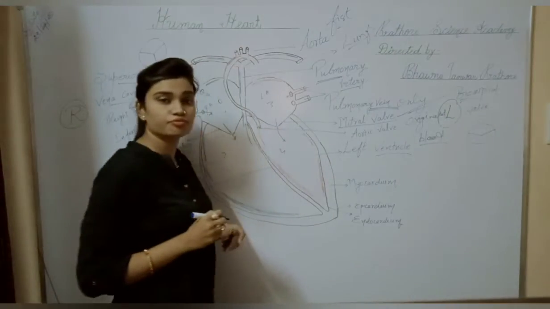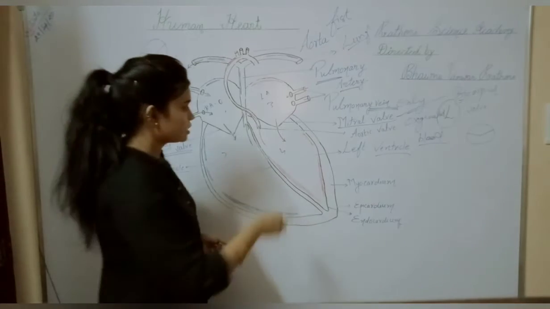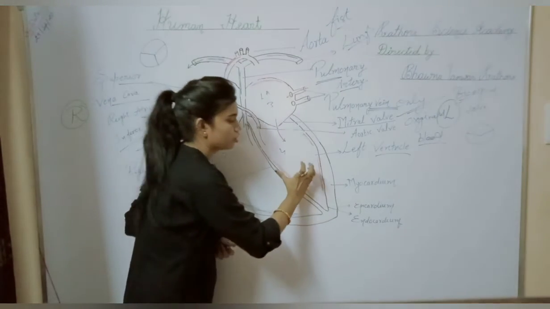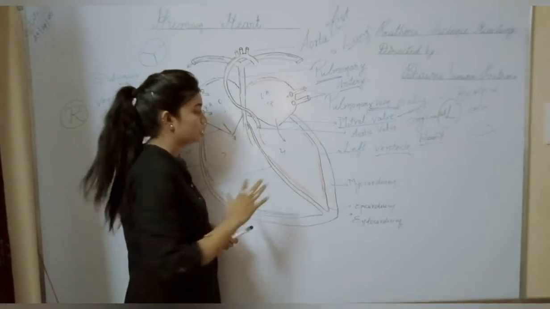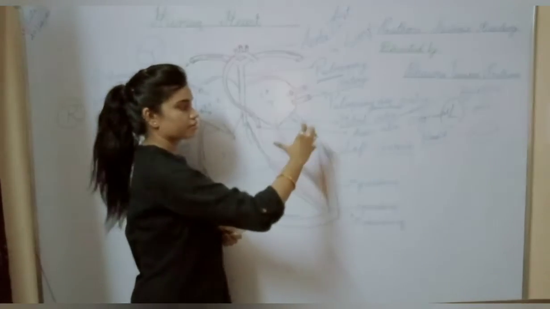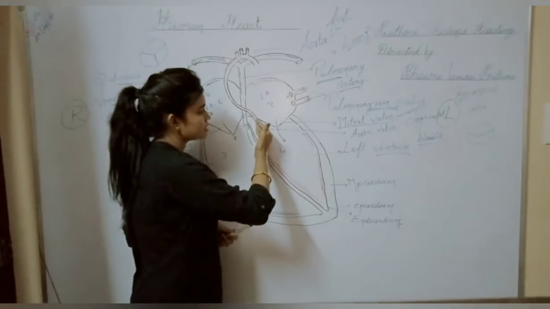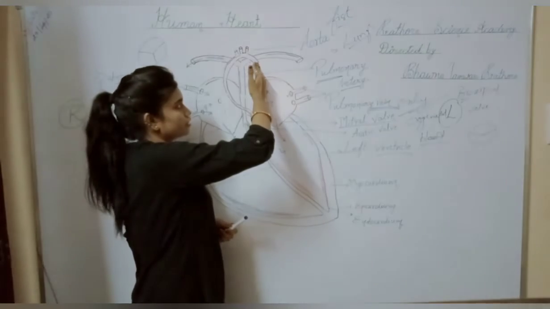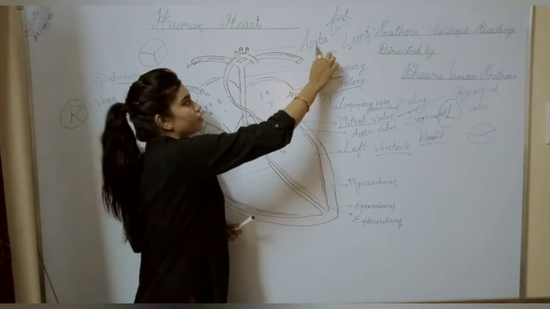Yes, left ventricle. Now this left ventricle is also filled with blood. What happens here? The contraction will occur. When this left ventricle contracts, the oxygenated blood will travel from this side. What is this? Aorta.